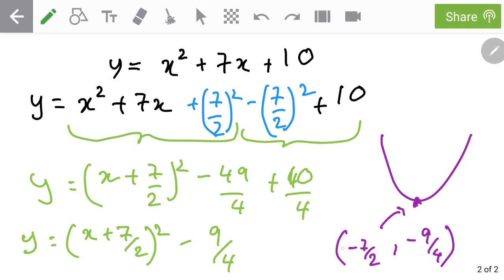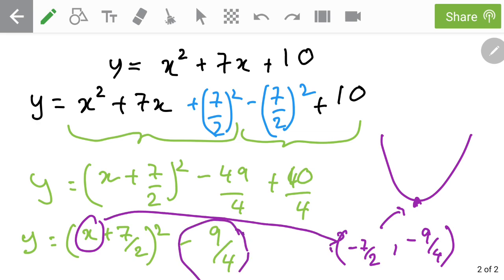Your x is here and your y is this one. Many of you are going to ask, why is the negative over here? Because it is the opposite of this number. All right, let me give you another question.